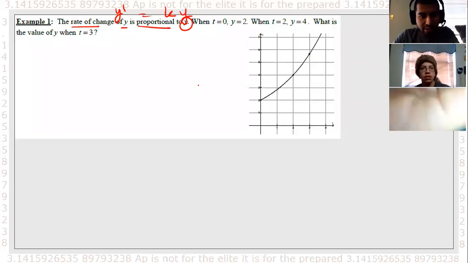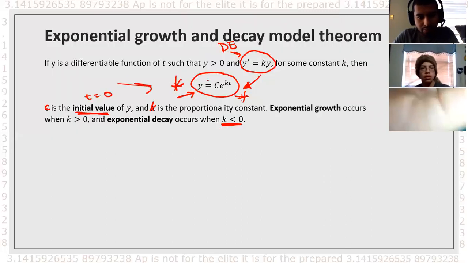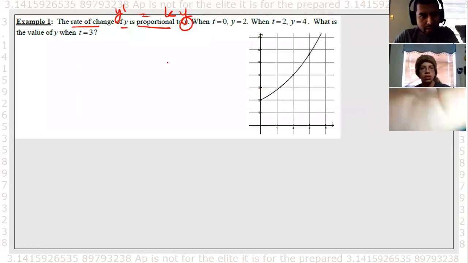But I don't want to integrate every single time, so I'm going to use what I just learned. So automatically I should be thinking of y equals C times e to the kt, because from the do now, we always use this one because of the theorem. So far, so good.